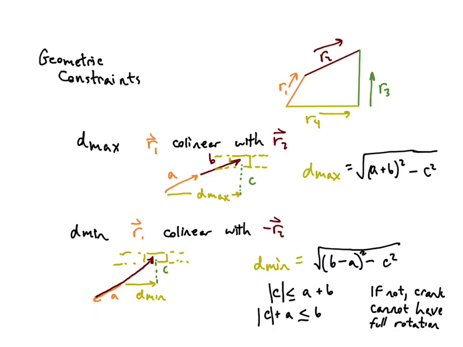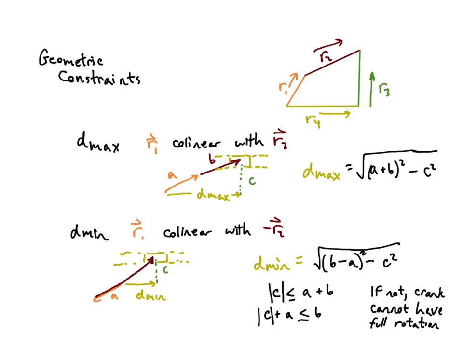So C has to be smaller than the summation of A and B in order for us to physically be able to build the link. Because if they're set equal, then you don't really have much of a moving link, but you could have R1 going entirely vertical connected to R2 going entirely vertical going to R3. You could physically build that, but it wouldn't slide at all.